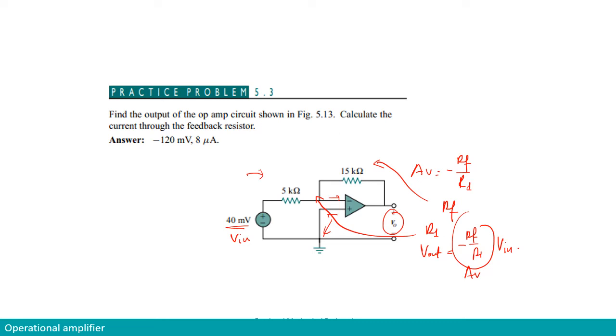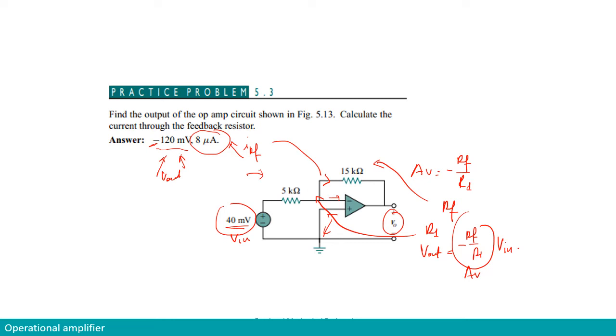I'll let you try. You should find that V output equals minus 120 millivolts. So 40 millivolts at input is transformed into minus 120 millivolts: you amplify by a factor of 3 and it inverts the signal. In terms of current, the current through the feedback resistor RF, the current that goes through here, IRF equals 8 microamperes.